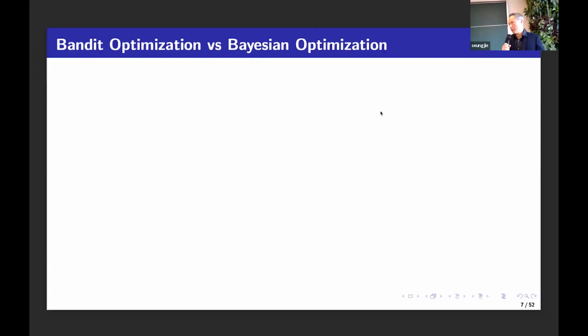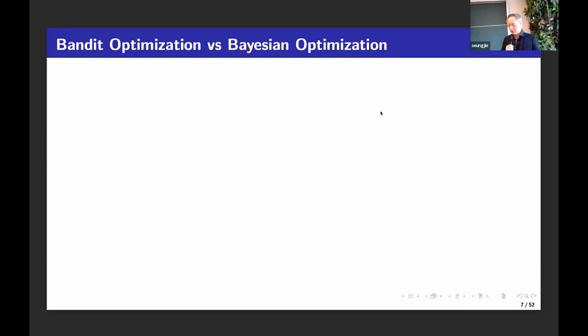If you're familiar with bandit optimization, there are close relations or similarities between bandit optimization and Bayesian optimization, although they are two different communities. Personally, I started to work on Bayesian optimization and looked at bandit optimization problems later.